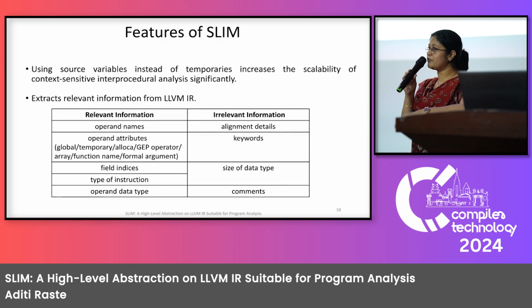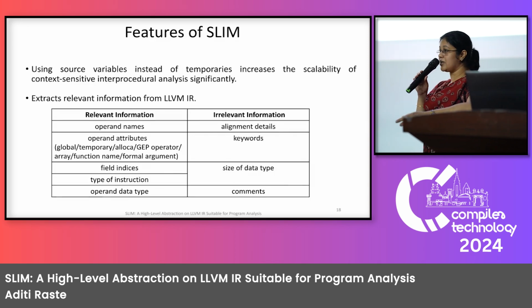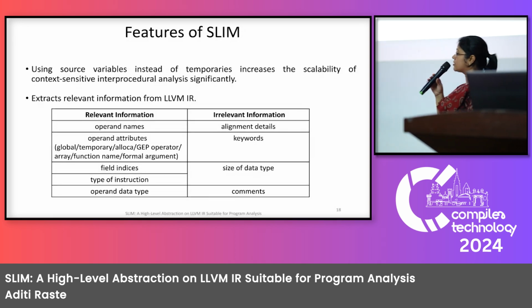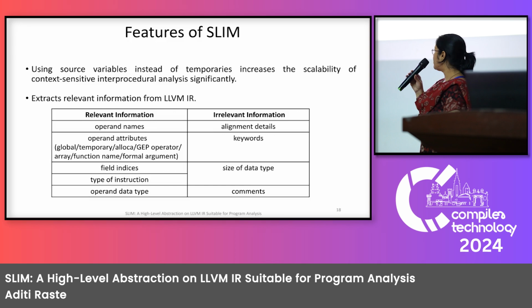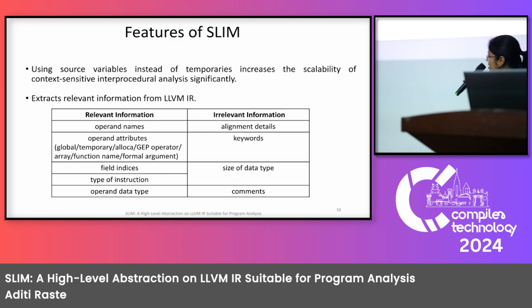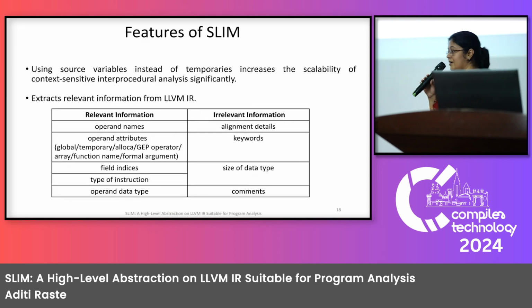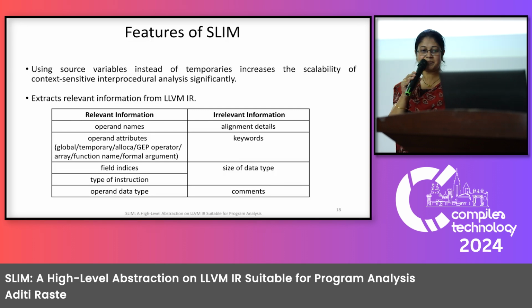By relevant information, I mean the operand names, the operand attributes such as whether the operand is global, alloca, GEP operator, also field indices if they are associated with the operand, the type of the instruction, and the data type of the operand. Irrelevant information such as alignment details, keywords, comments, and size of the data types are ignored by SLIM.